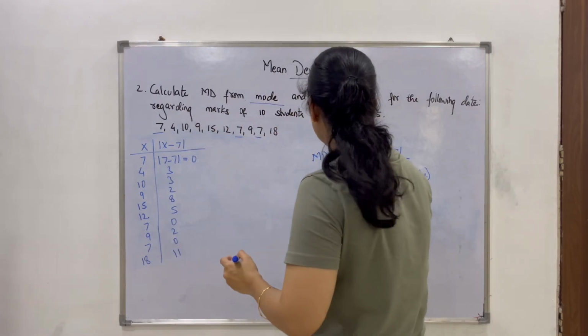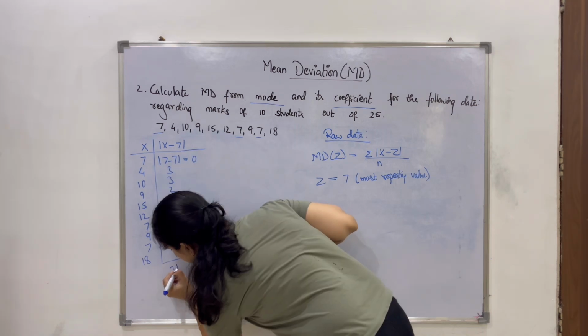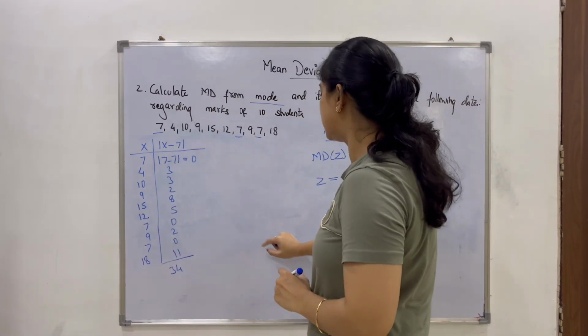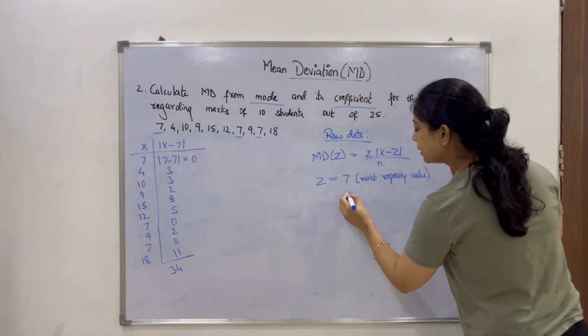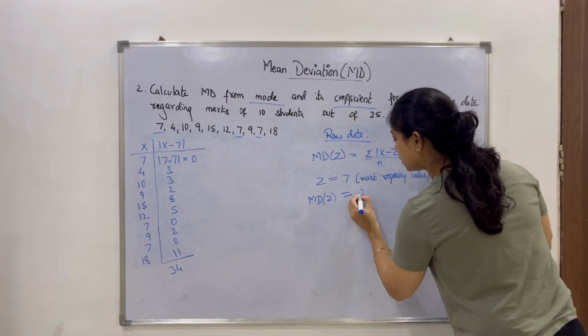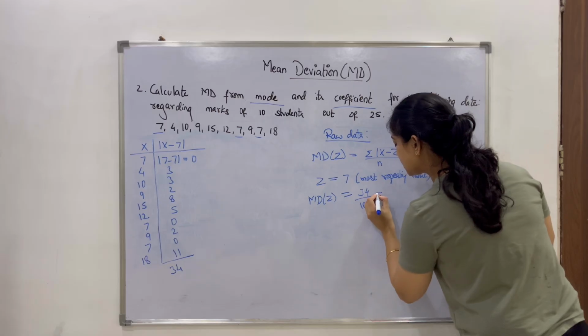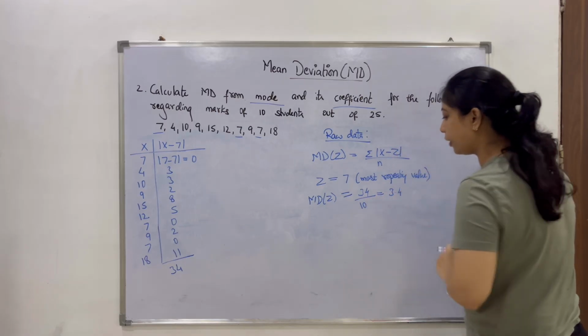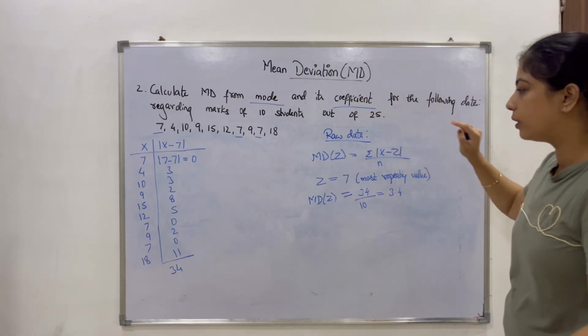And then we need to take the total of this particular column, which answer is 34. Now we will substitute back here in the formula of mean deviation from mode, which is 34 and observations is 10. Answer is 3.4. Now we also need to find the coefficient.